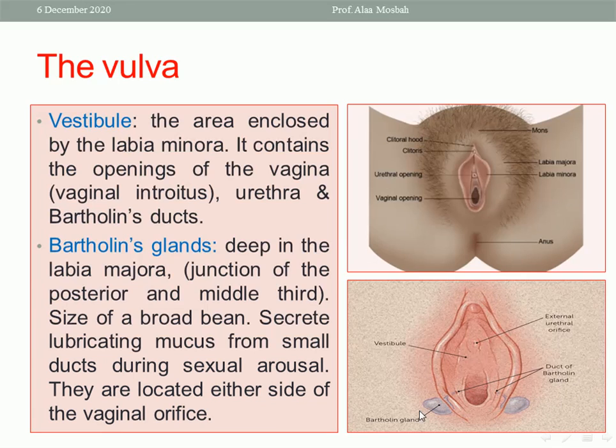As you see in this picture, the glands on each side secrete mucus and help in lubrication during sexual intercourse. If a duct is obstructed for any reason, it will cause a Bartholin's cyst, and if infected, a Bartholin's abscess.